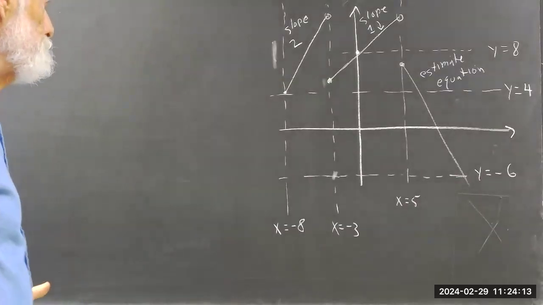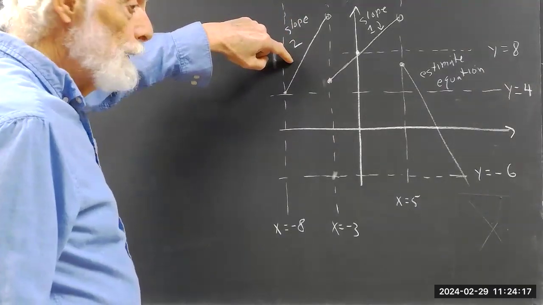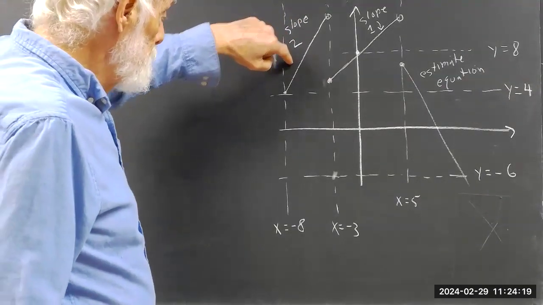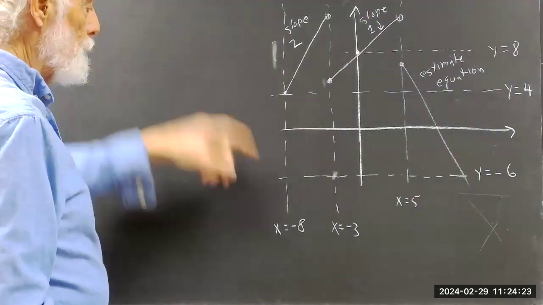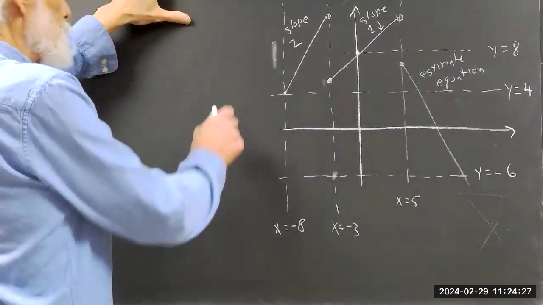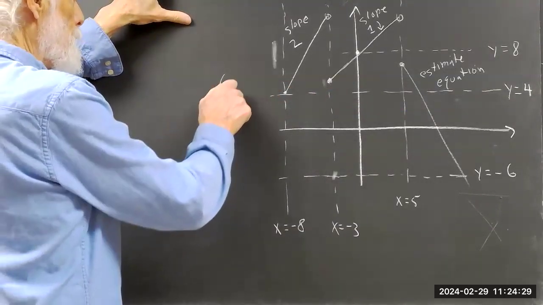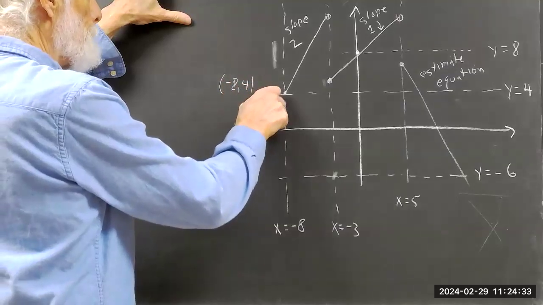Now, starting out, what do we know about this line? Well, we know the coordinates at this point, where the x equals -8 line meets the y equals 4 line. So the coordinates at this point are -8, 4.